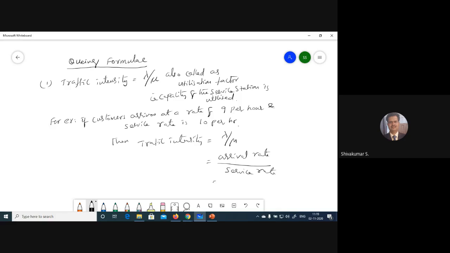That is equal to 9 by 10, which is 90%. That's how we find the traffic intensity. Lambda is the arrival rate, mu is the service rate.